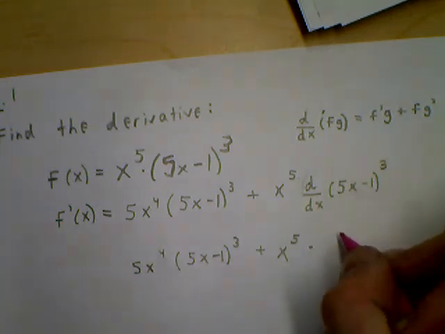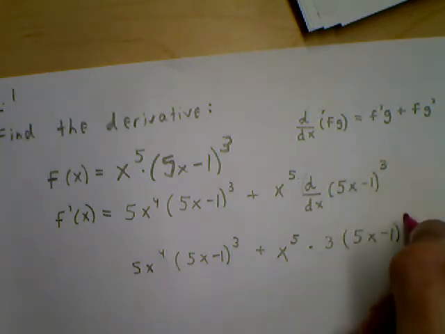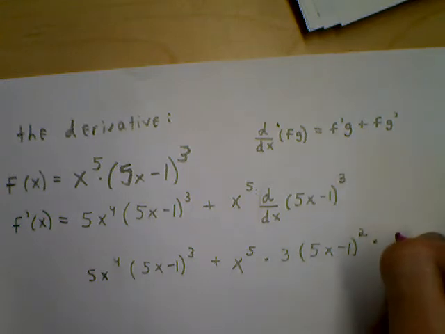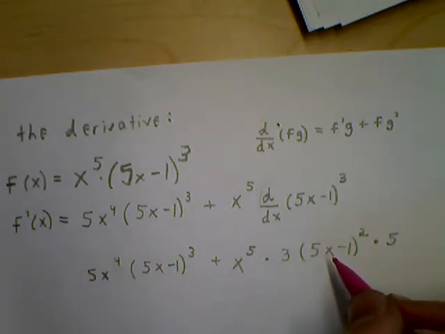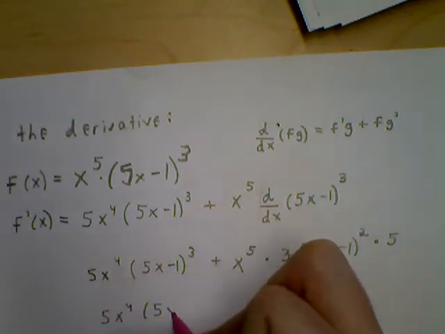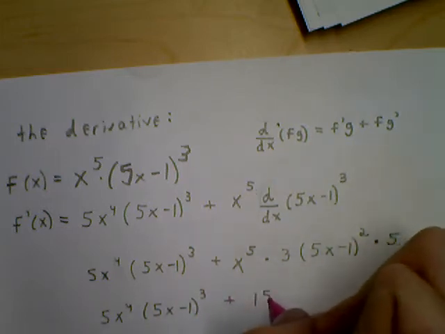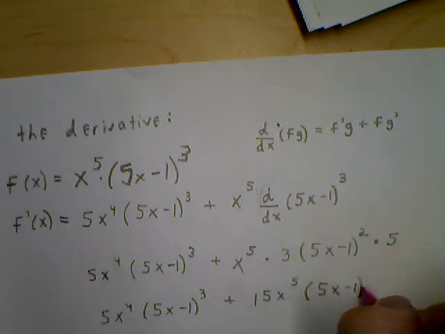When I take this derivative, I bring the 3 to the front, subtract 1 from the exponent, and I multiply by the derivative of the inside, 5. From here, I have 5x to the fourth times 5x minus 1 to the third plus 15x to the fifth times 5x minus 1 squared.